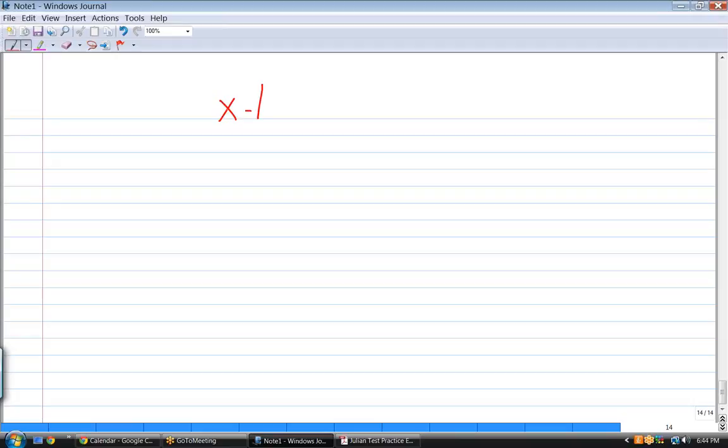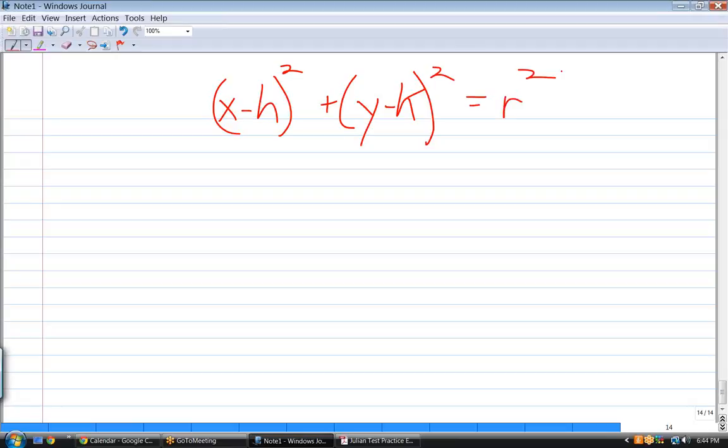Okay, this is what it is. Put this on your note card. Okay. What do H, K, and R mean? H and K are the X and Y coordinates of the center of the circle.